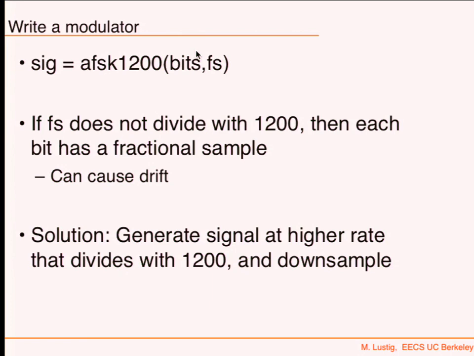Then do AFSK modulation, and evaluate it at a particular sampling rate. This is a general function where you can pick any sampling rate and number of bits, but the baud, which is another term for the bit rate, will be 1200. And if the frequency that you choose for sampling does not divide by 1200, then there is a fractional number of samples within a symbol.